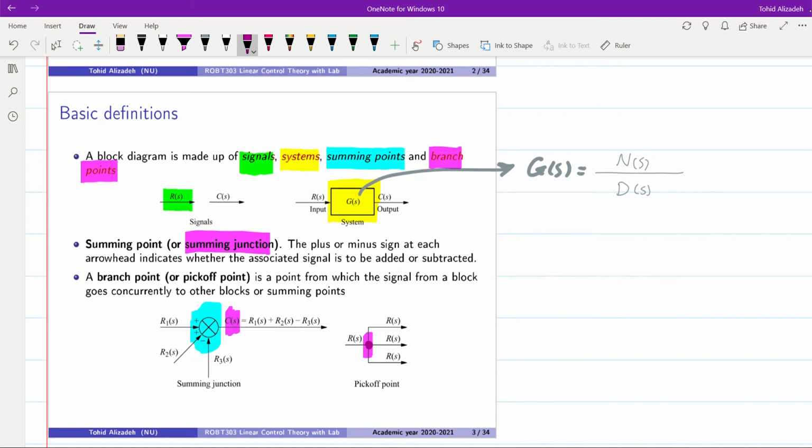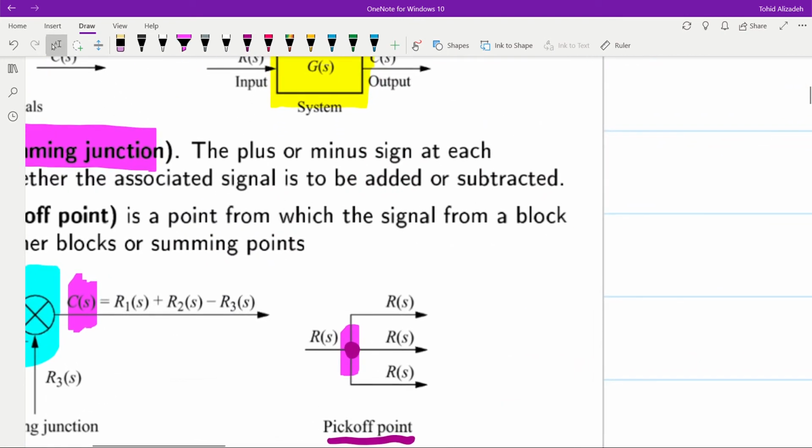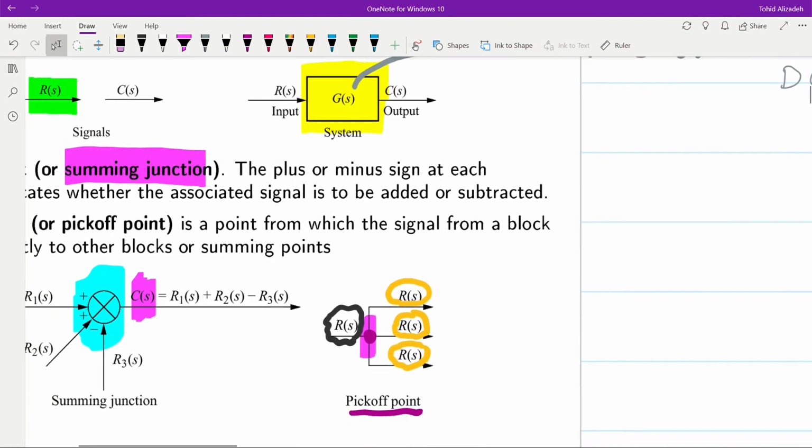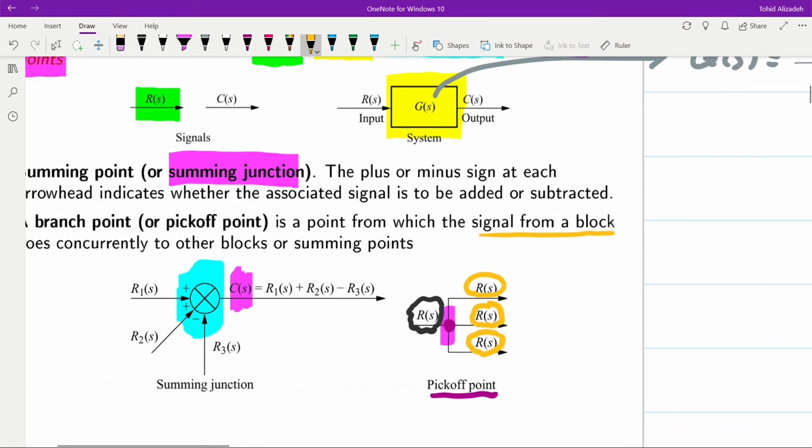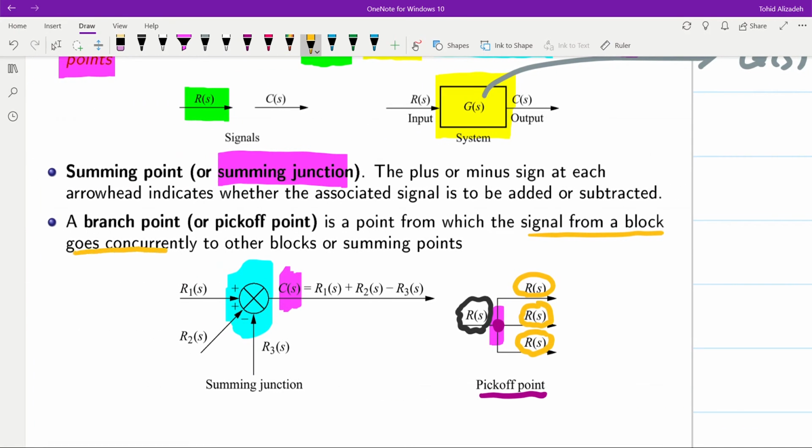If you look at the graphics here, R of S is the original signal, and at any of the branches which are taken from that branch point, the signals are exactly the same. So it's a point from which the signal from a block goes concurrently to other blocks or summing points.